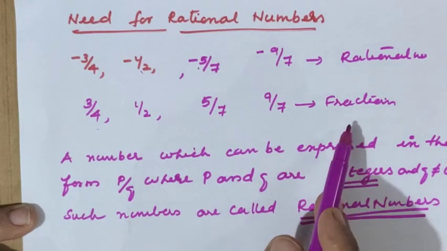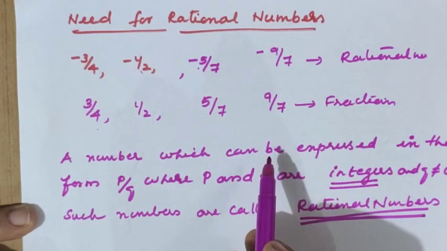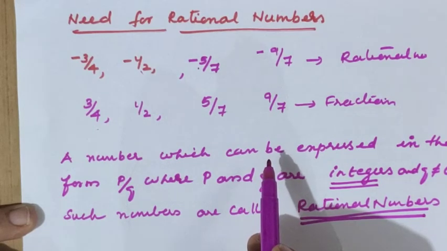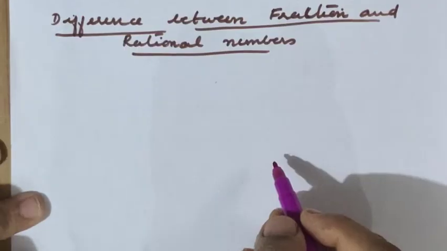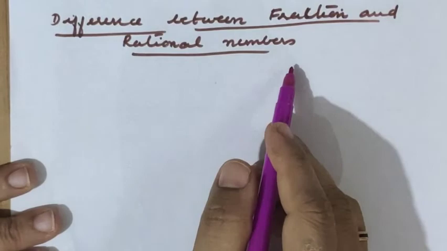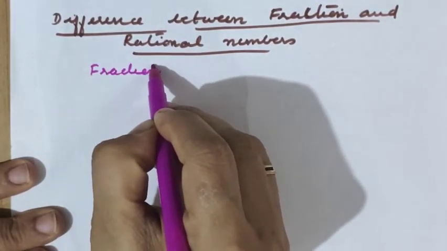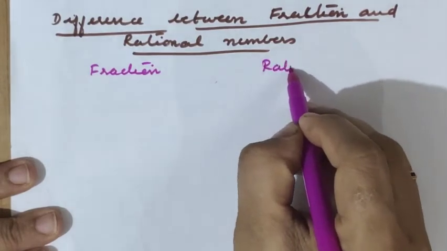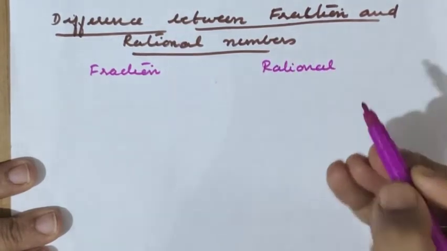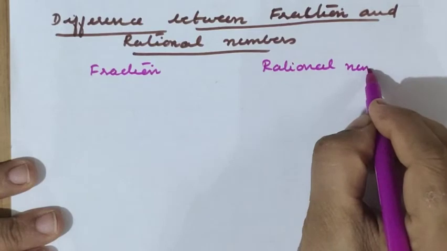So all fractions are rational numbers, because they can be expressed in the form P by Q, where P and Q are integers, Q not equal to 0. So what is the difference between the fraction and the rational number? I'll write a fraction here and a rational number here. What is the difference, and also the similarity?